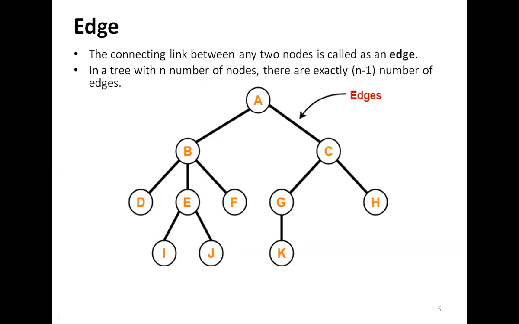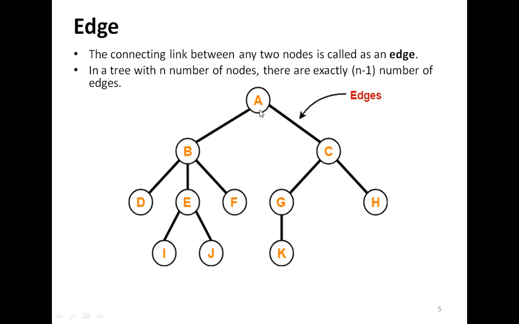The nodes whose link it stores are known as the children of that node, and this link is used to connect the pair of nodes. You can see A, B are connected by this link. Now this is the edge. Similarly, AC is also connected by the link. So all nodes are connected by using a connecting link, and that link is known as edge.